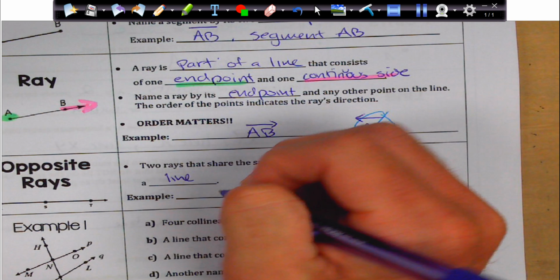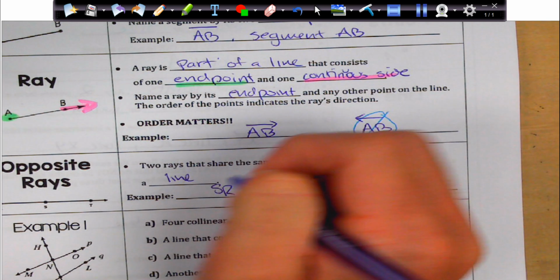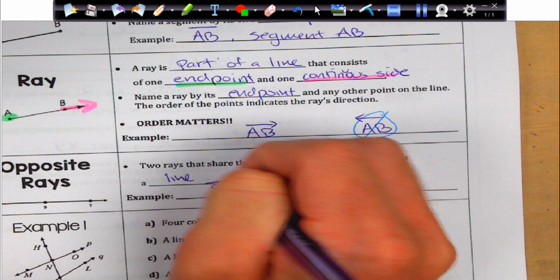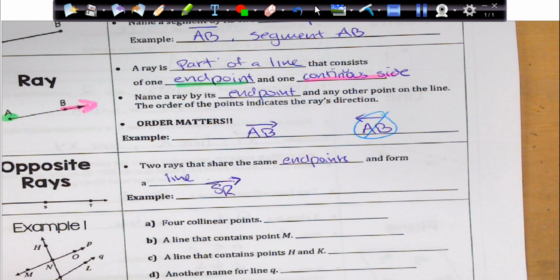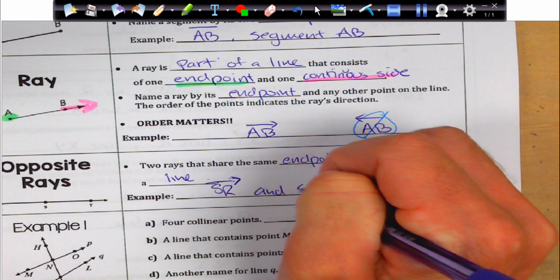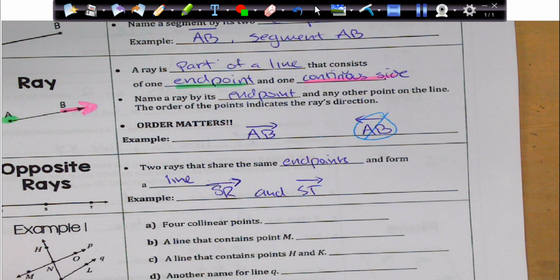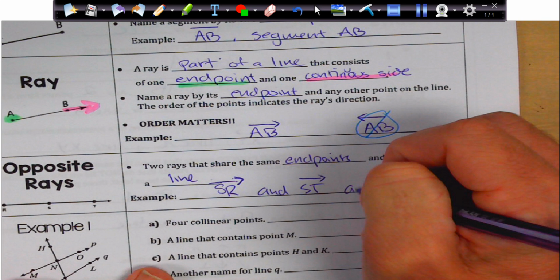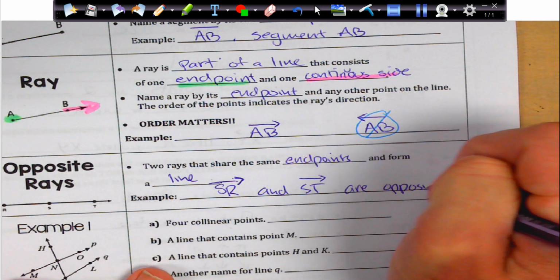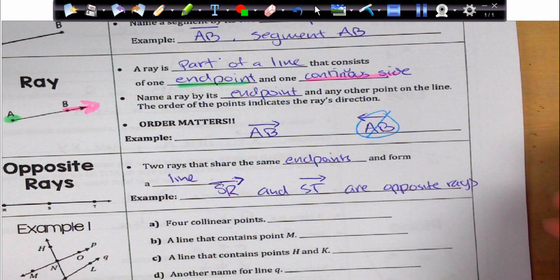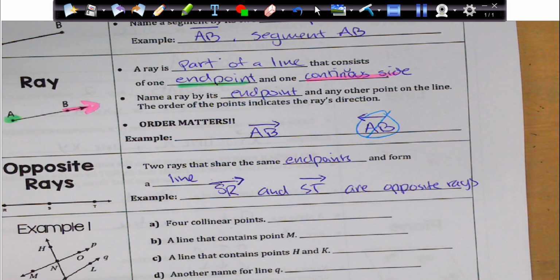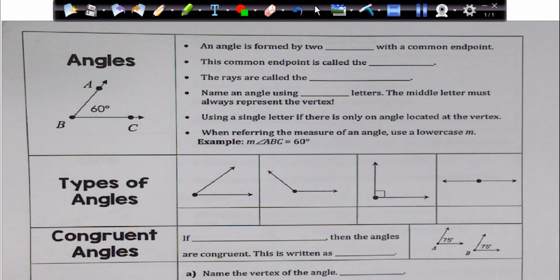So we have ray SR, and that would be going towards the R, and ray ST, and that'd be going towards the T. And those are opposite rays. From here we get into some examples that we are going to look at in class. Let's just quickly finish up with some angles, and then we'll look at some examples in class together.